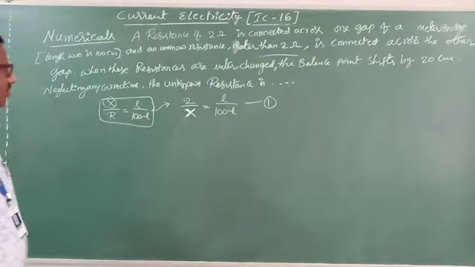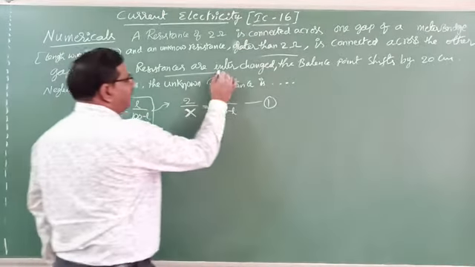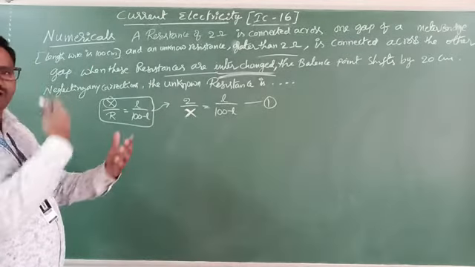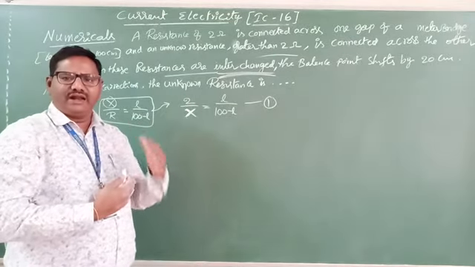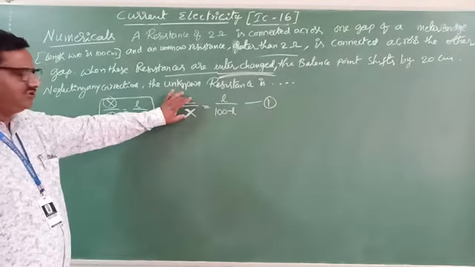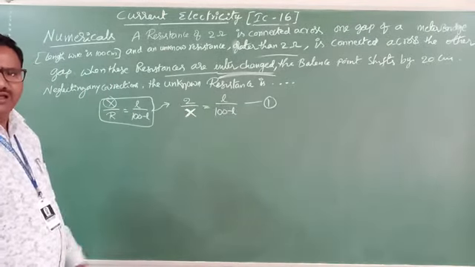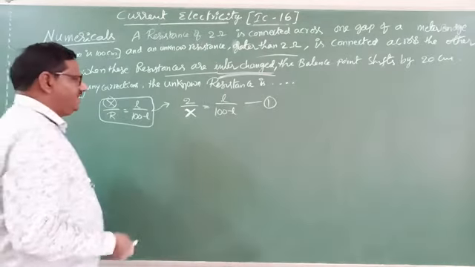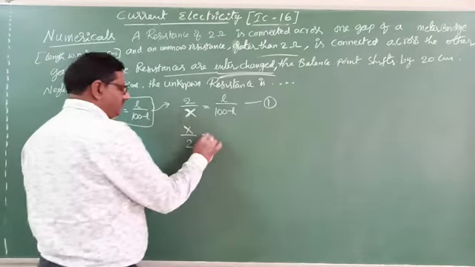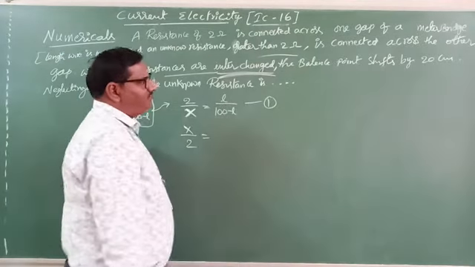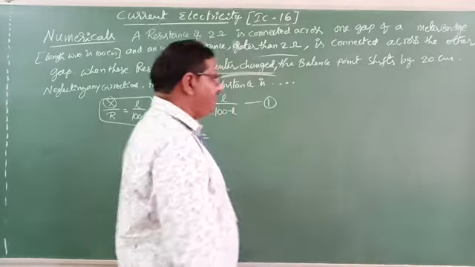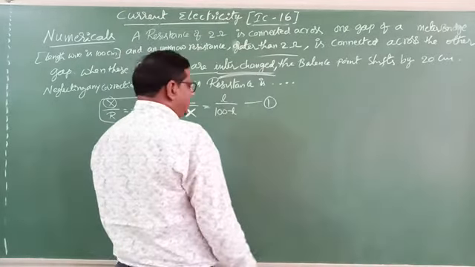Next, what did they tell? The resistances are interchanged. The left gap resistance goes to the right gap, and the right gap resistance goes to the left gap. That means these two are reversed. Then the next equation is x by 2 equals, and the balance point shifts by 20 centimeters.